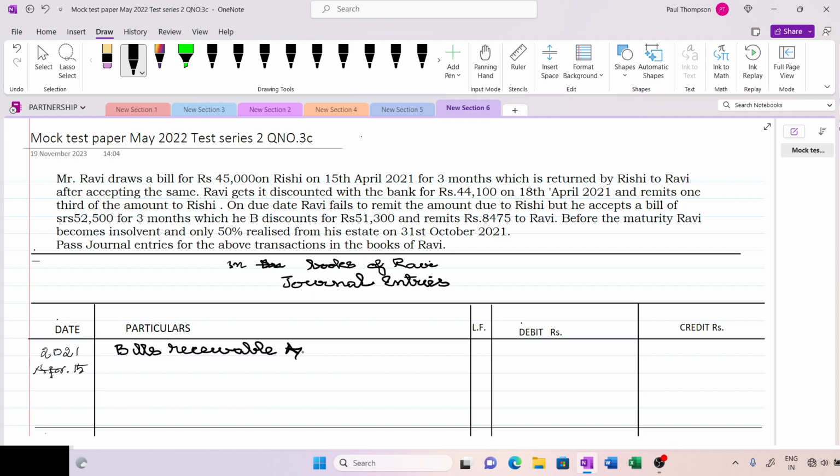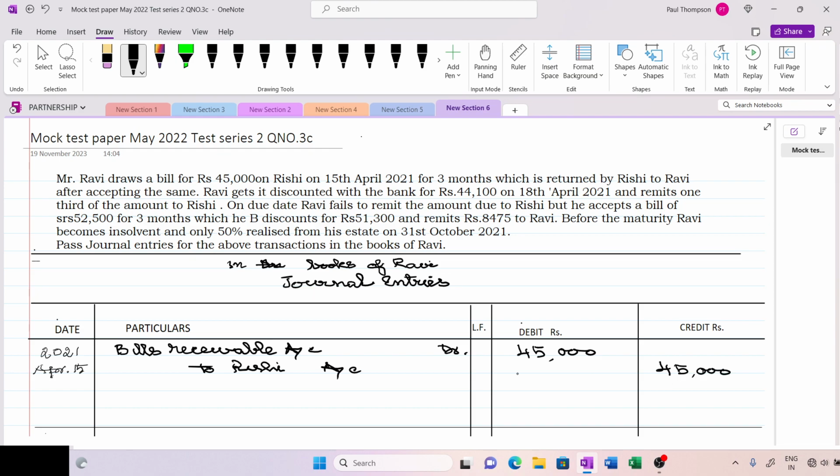Bills receivable account, debit, for rupees 45,000, and you have to credit Rishi account with rupees 45,000.